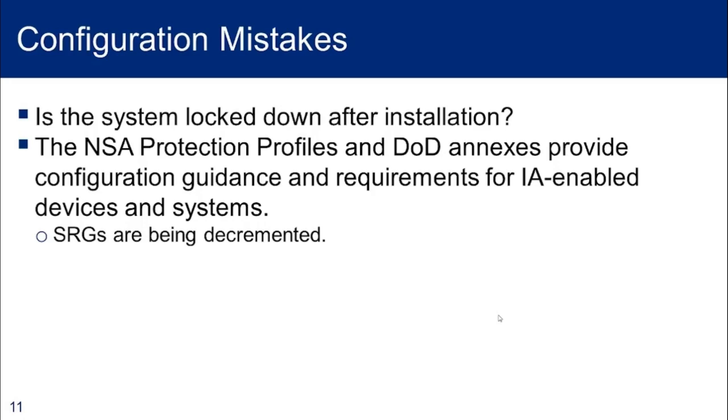The Defense Information Systems Agency, or DISA, is in the process of replacing the SRG process by developing DoD appendices to the National Information Assurance Partnership Protection Profiles, although there is still a requirement for a product-specific STIG. The result of the NIAP Common Criteria Evaluation will be used to formulate a STIG.